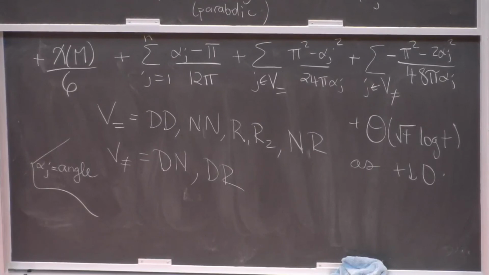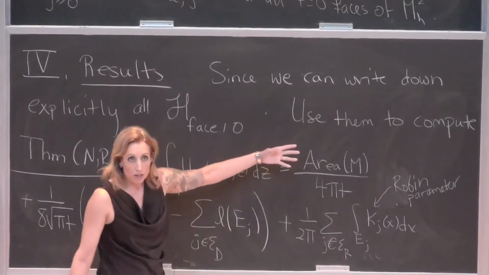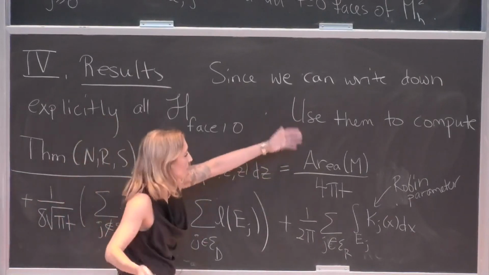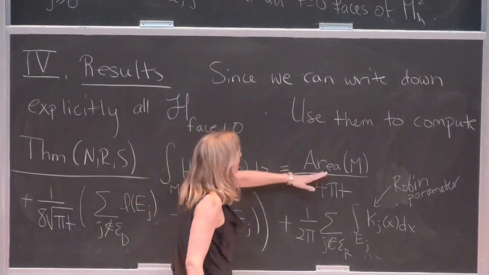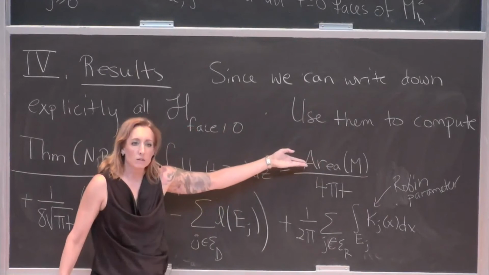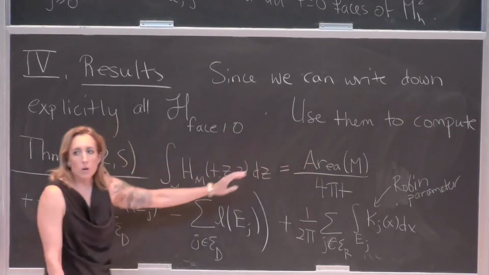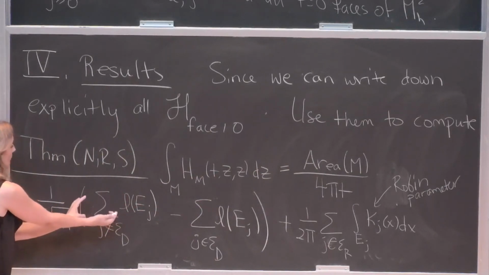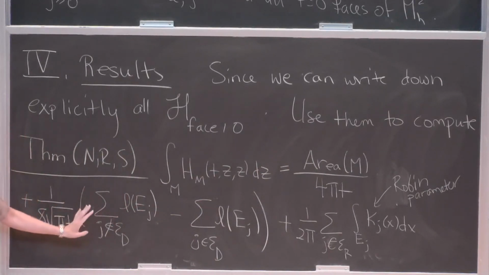Okay, so let's read off what our heat trace gives us. It gives us a whole bunch of geometric information. So first of all, it tells us the area. Now, if we impose just the same boundary condition everywhere, we would just have one term, and when we added it all up, we would see the length of the boundary.